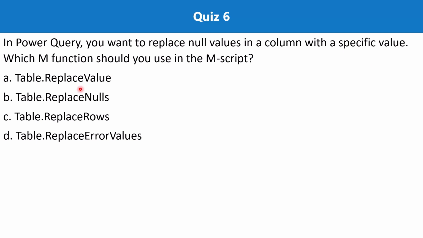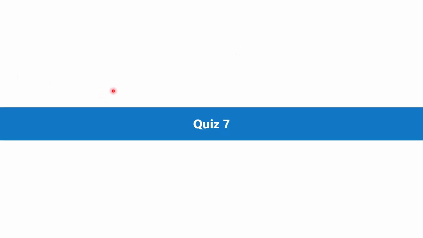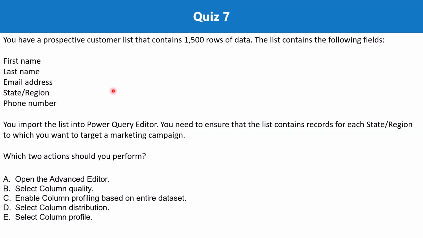You need to just remember the names of those functions, so that if this kind of question appears where the options seem logical, but actually these functions do not exist, you can see which is the right M function that can be used in such a scenario. Question 7.